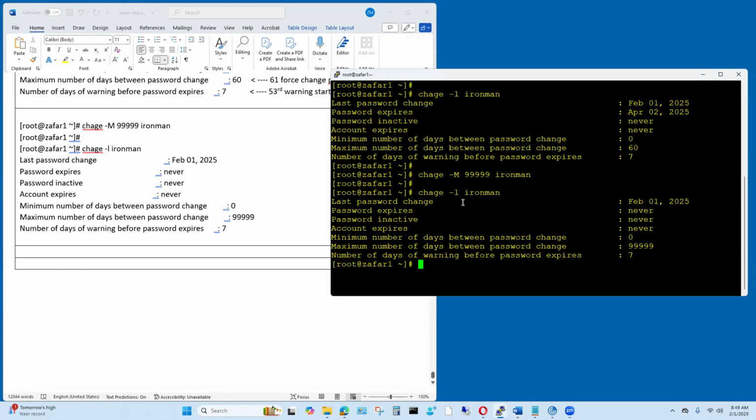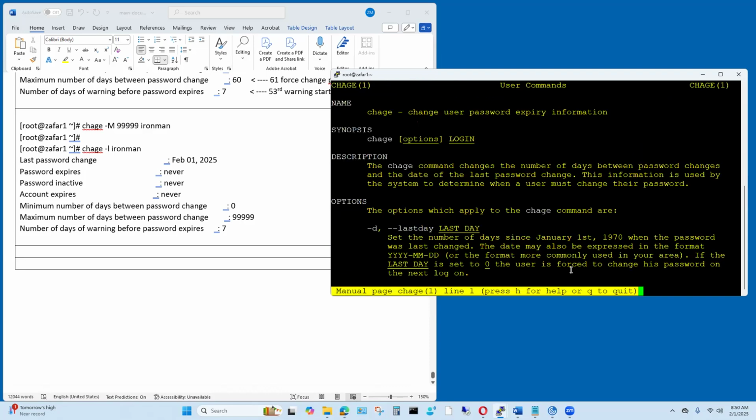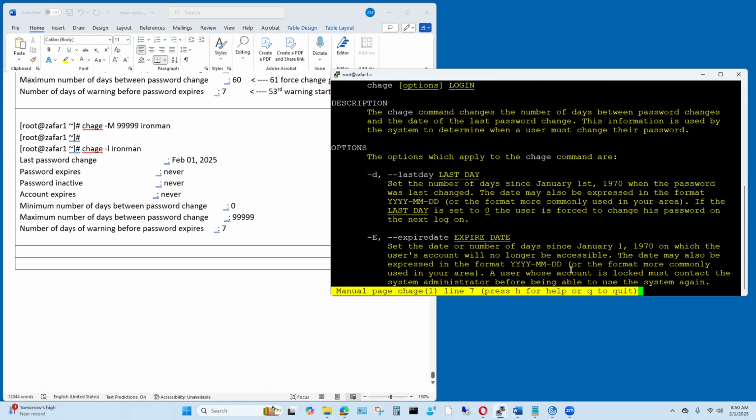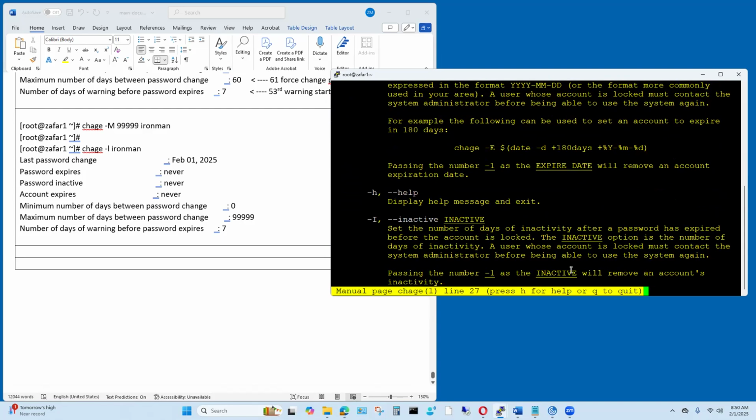So this is how you change the password here. Let's do man chage. You could go and read here. Expire date, you could set a date, -D is the last date. There is a lot in there.